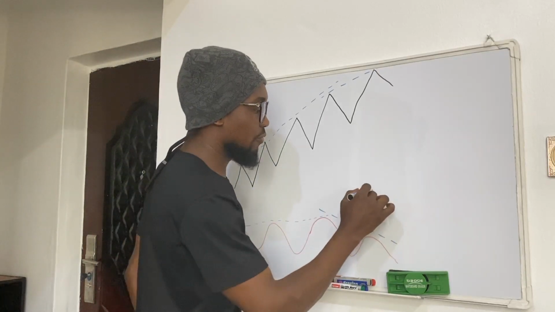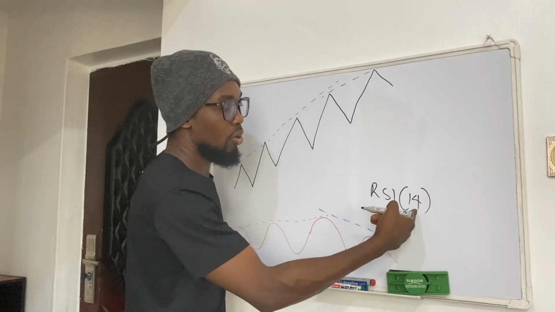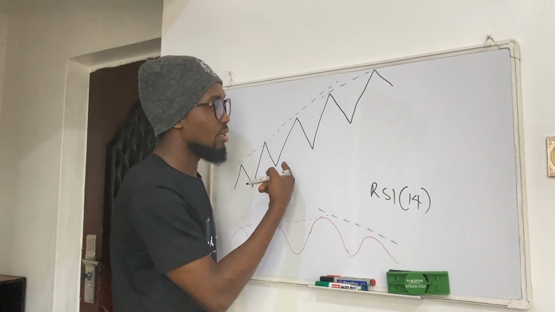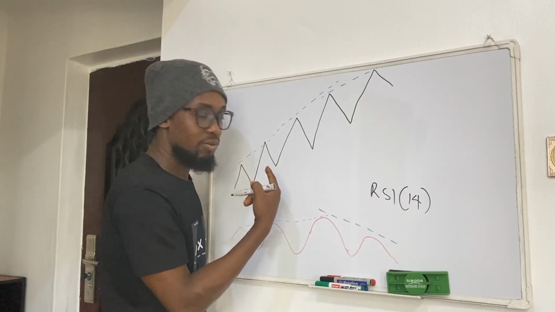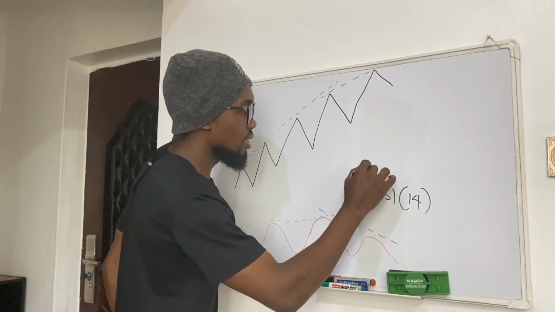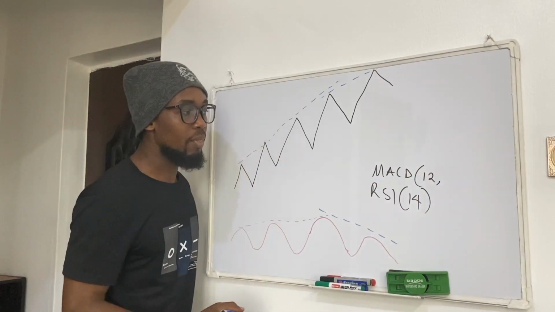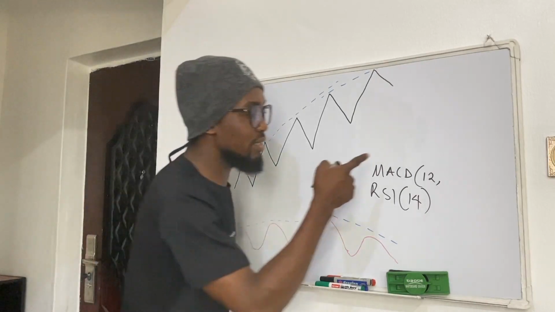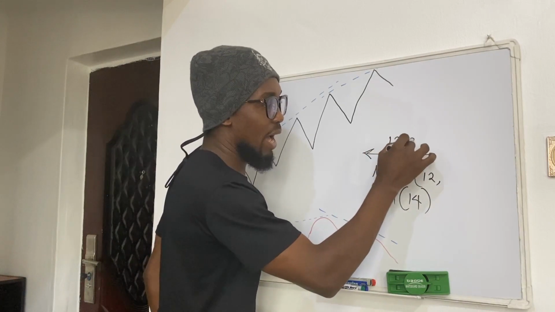A 14 period RSI takes into account 14 candles, 14 bars. The MACD has a period of 12, which means it takes into account the past 12 bars.